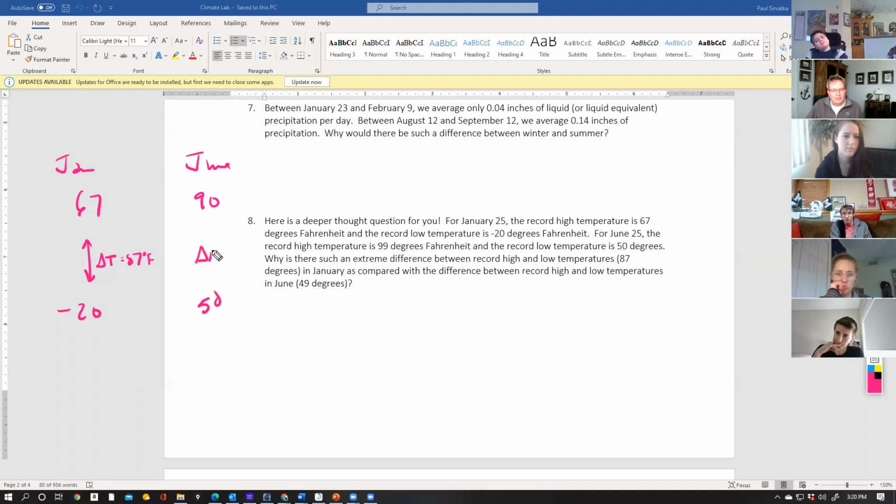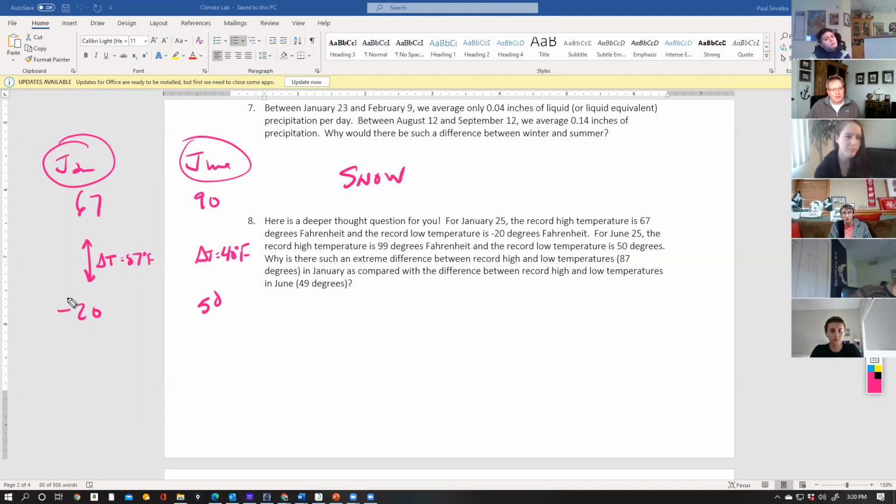That's only a delta T of 40 degrees. So what's the only thing different between January and June? Snow. If I have no snow, I can get warmer. If I have fresh snow, I can get colder. In June, I don't ever have snow. Snow never plays a role.